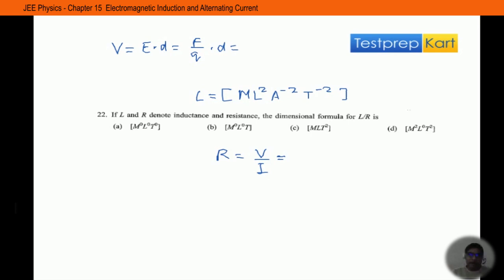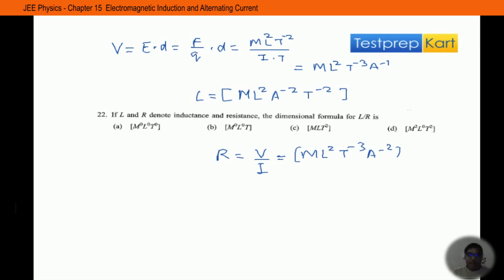So force is M L T⁻² into d, so we can make it L² upon Q, and Q is I into T. So the net dimension for the voltage is M L² T⁻³ A⁻¹. And for resistance, we need to divide it by current, so we'll get M L² T⁻³ A⁻².